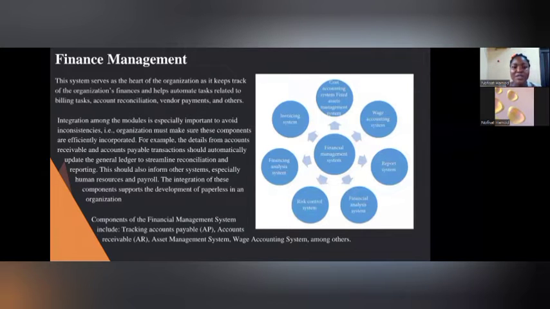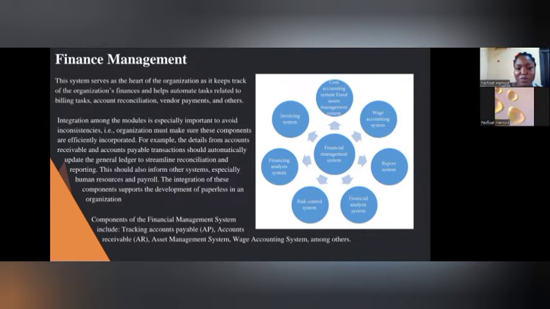Financial management is a system that serves as the heart of the organization. The financial management system keeps track of the organization's finances and helps to automate tasks related to billing, account reconciliation, vendor payments, and others. Integration among the modules is especially important to avoid inconsistencies.